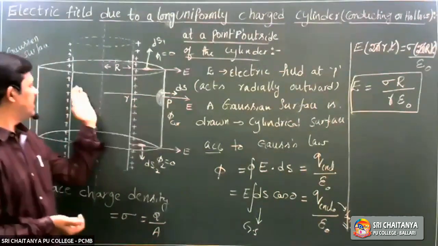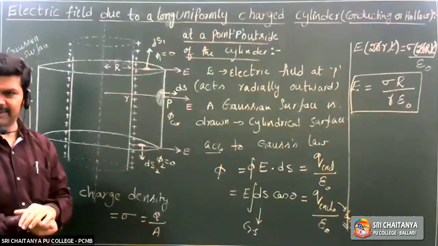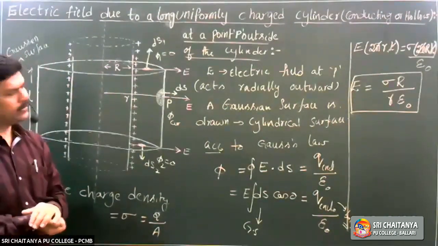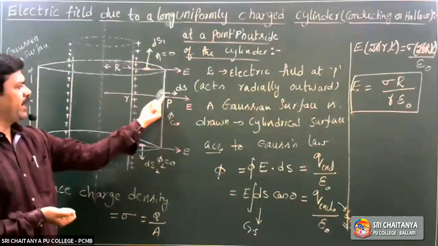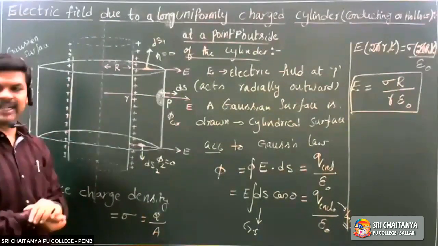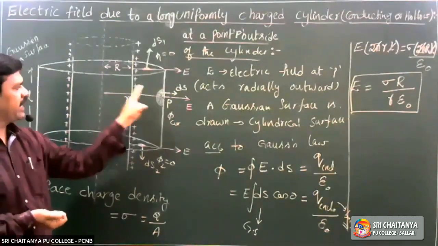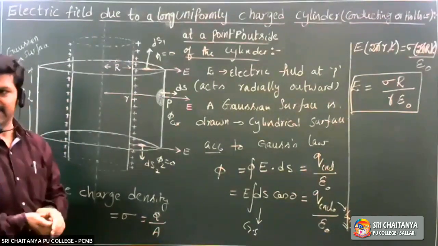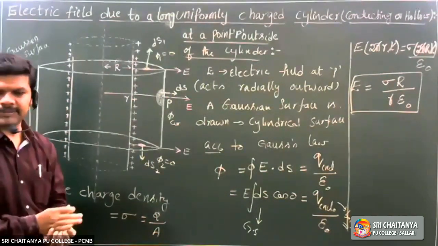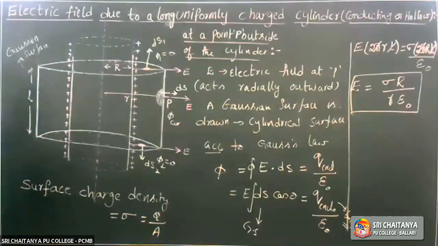This is a point outside the given cylinder, right? Another point. If the point is on the surface of the cylinder, then what happens to that formula?